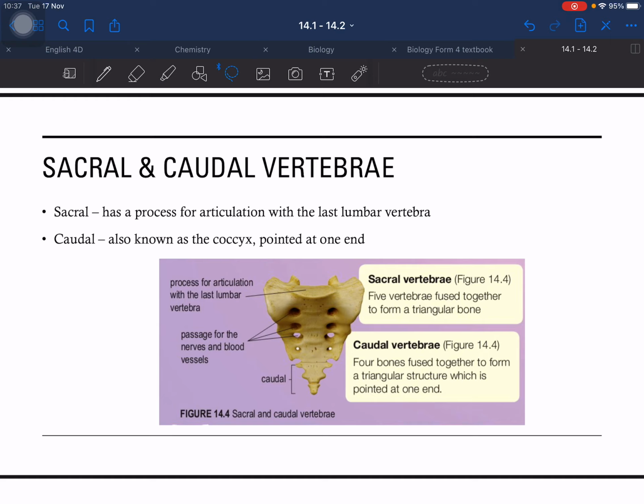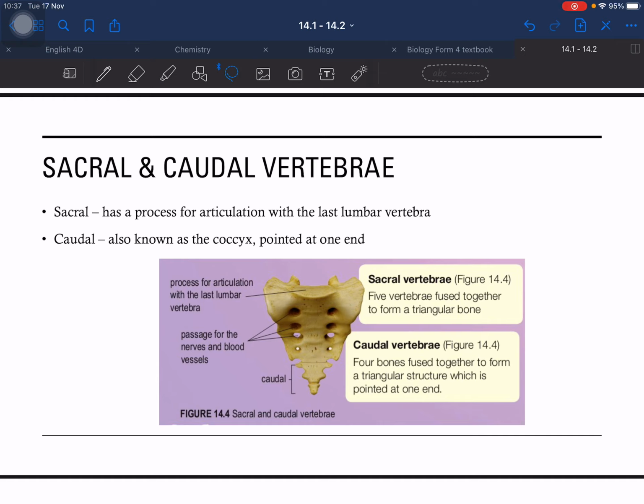Very close to each other. They're not really connected surface to surface, but like, you know, connected-ish. I don't know. You see on page 268, L5 and your sacrum, there's still a space there. It's not super connected. I hope you get what I mean.